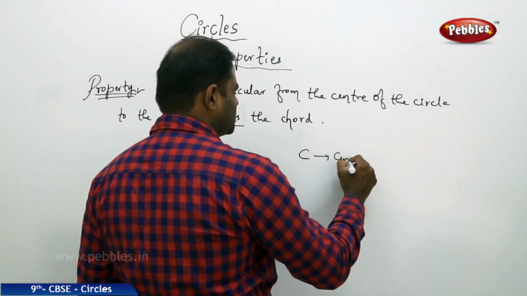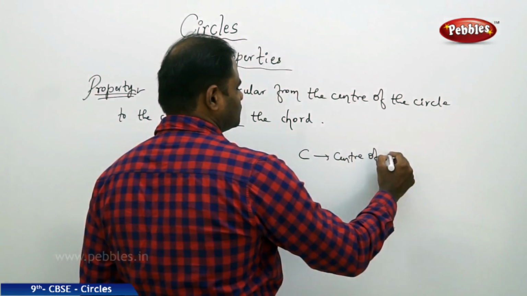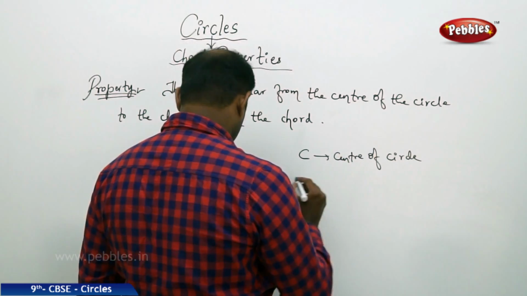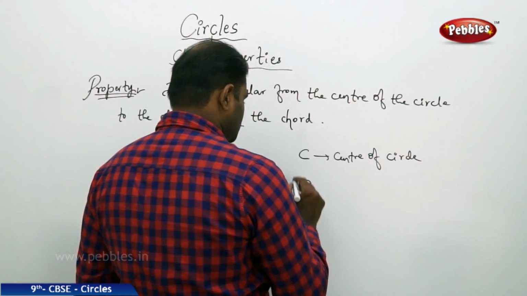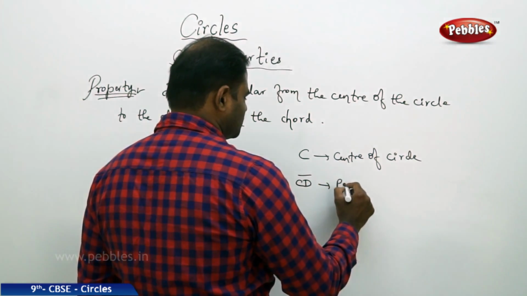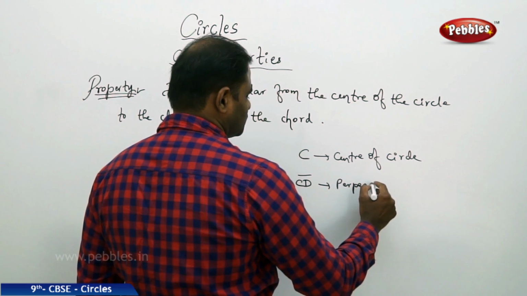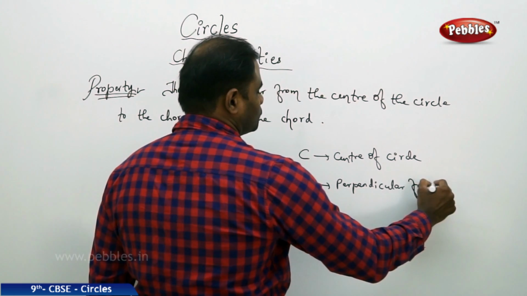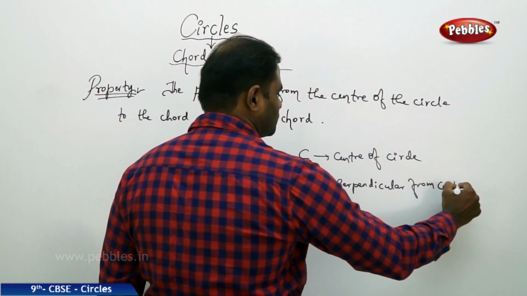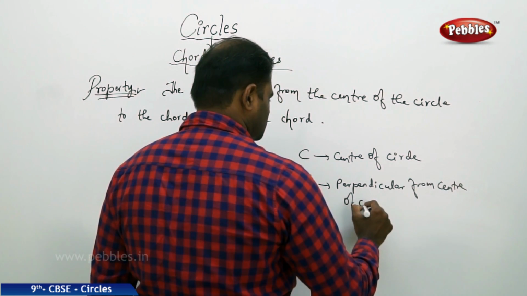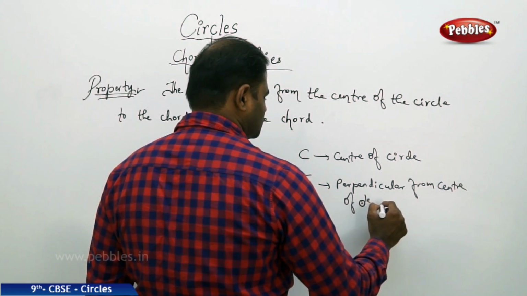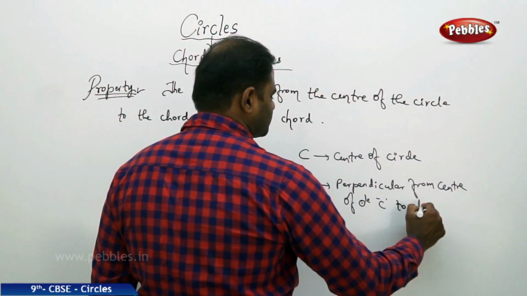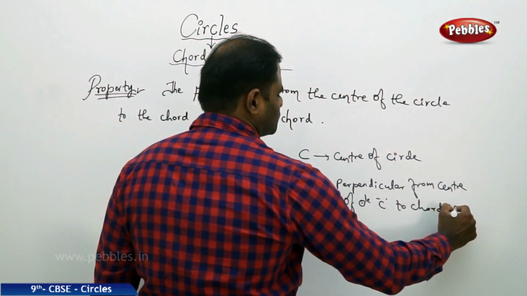C is the center of the circle, CD is the perpendicular from the center of the circle C to chord AB.